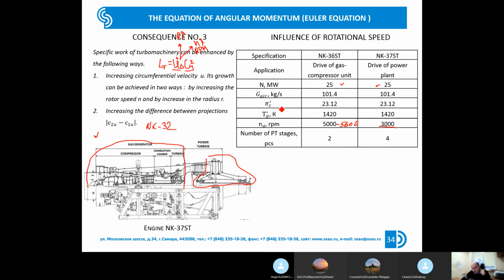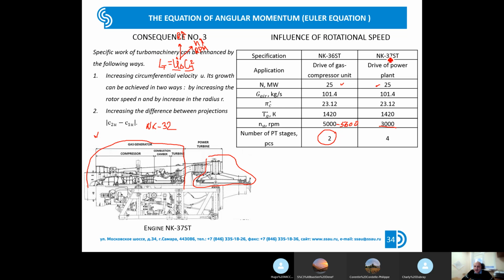So, if we look at these engines, we will find that because in the case of NK36ST the rotational speed is much higher, it means that with the same sizes the circumferential velocity will be higher. And it means that the specific work of one stage will be higher. And that's why the same power, 25 megawatts, we receive using only two stages.